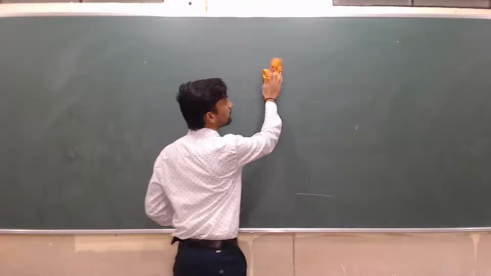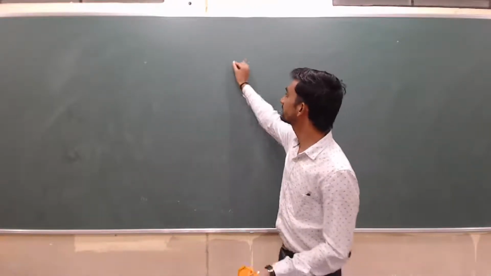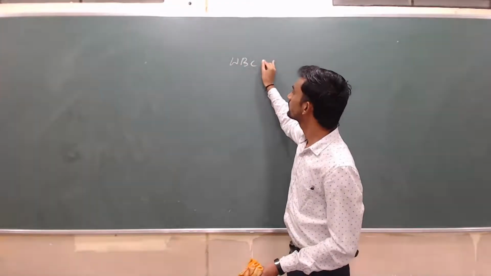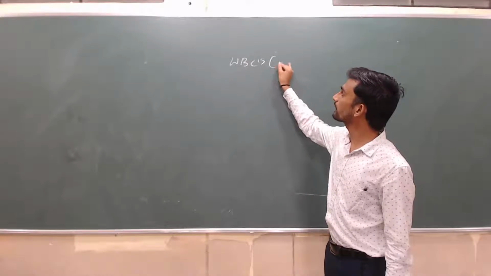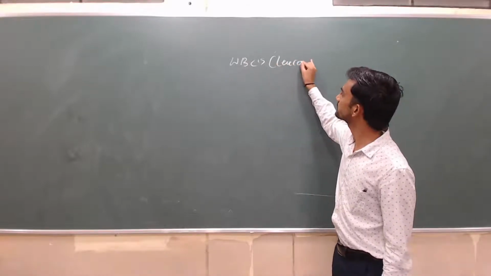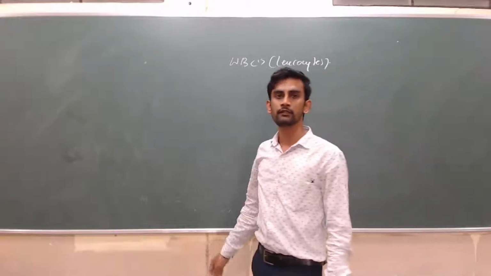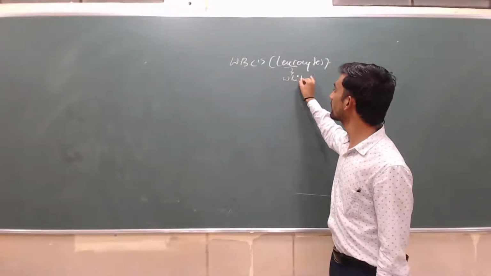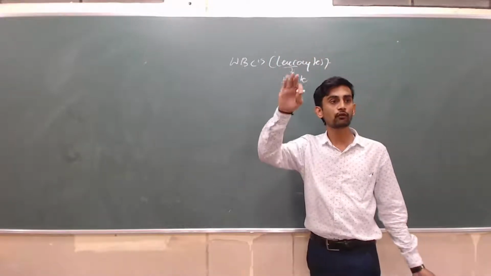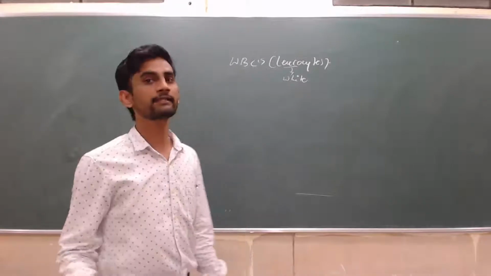What we call WBC, you can write it as WBCs, or we can also call them leukocytes. The name itself says leukos means white or colorless, just as erythros means red. Like they told here, leukos means colorless or whitish.